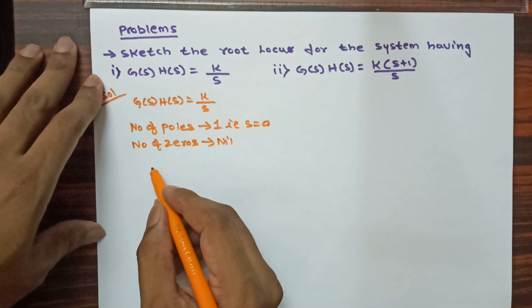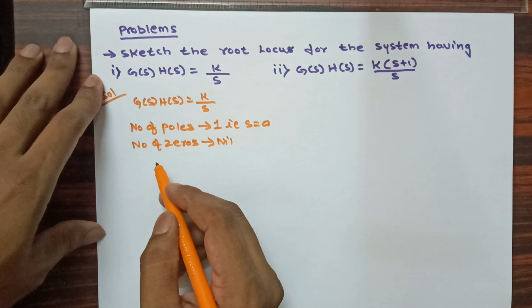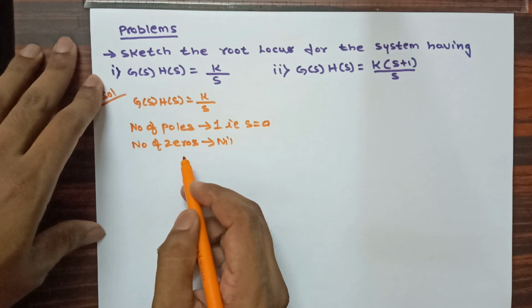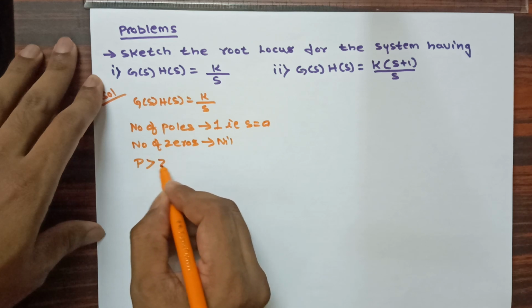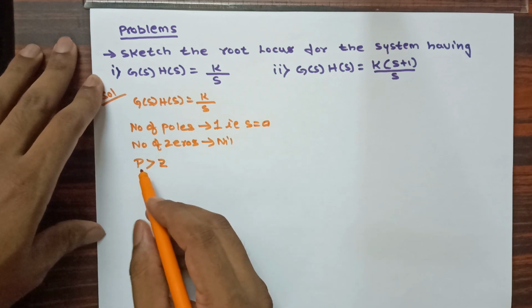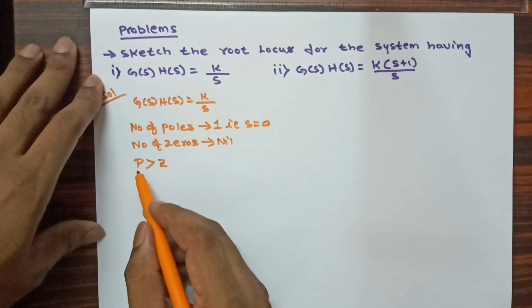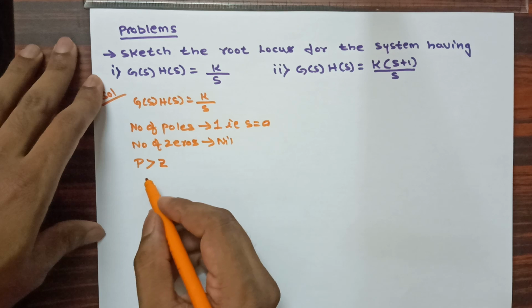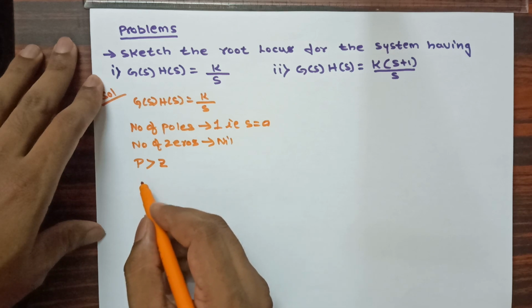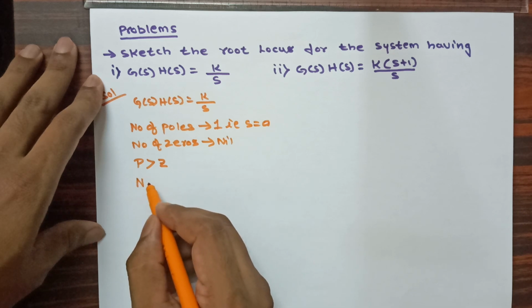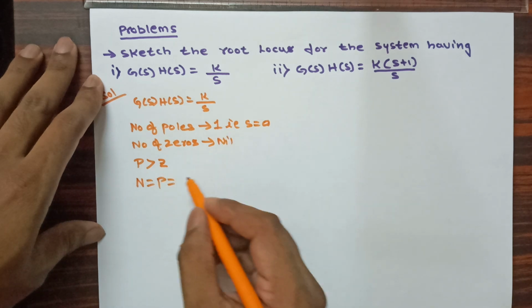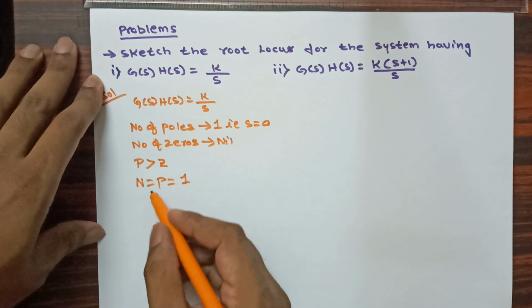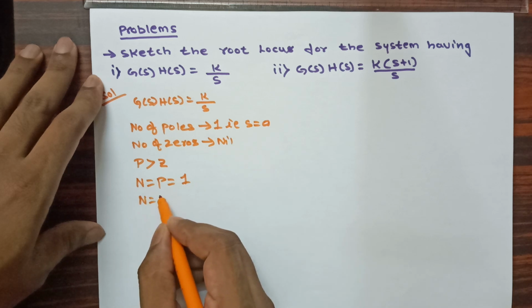So now we know that poles are greater than zeros, P greater than Z. Therefore for the number of branches, we are going to consider the number of poles. The number of branches, denoted by capital N, is equivalent to the number of poles, that is 1. So the number of branches is 1.